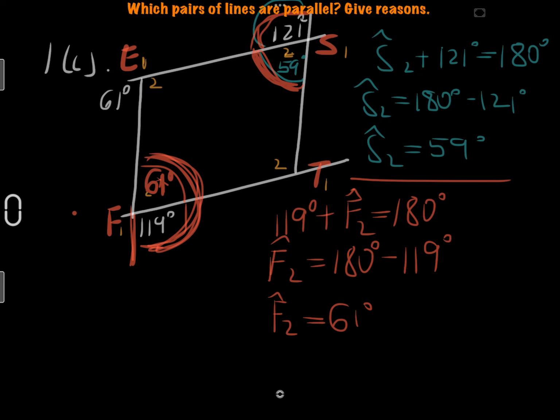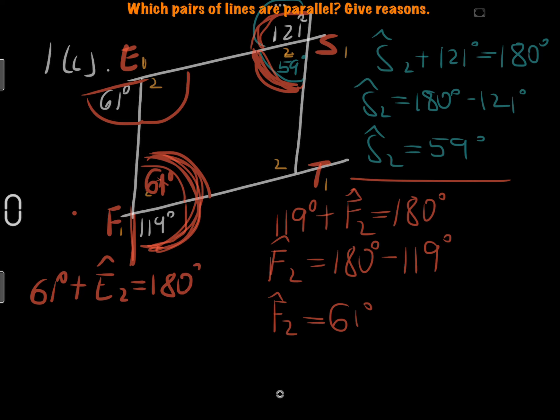Now since we have two angles already, a 59 degree angle and a 61 degree angle, we are ready to go. We have another angle there, so we can use that as a supplementary angle. We have angle 61 given there, 61 degrees, plus angle E2 should give us 180 degrees as well.